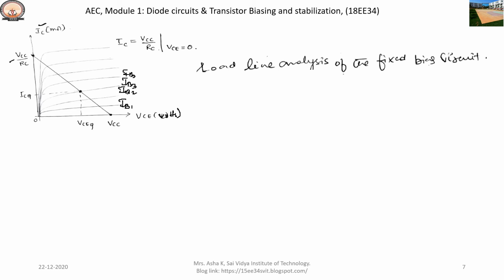For this curve, we have one point on the vertical axis, that is x-axis is 0 and the y-axis is VCC by RC. We have another point on the horizontal line, VCC, 0. When we join these 2 points, we get a line. That particular line is called the DC load line.